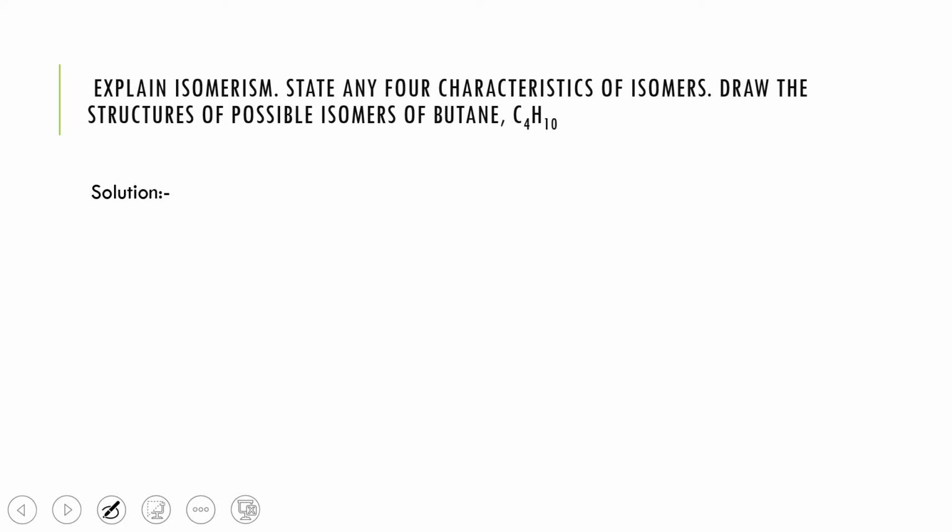Explain isomerism. Isomerism is the manipulation of structures of carbon compounds, where they have different structural formulas but the same chemical properties. Here we'll take an example of butane. Here it is written possible isomers of butane.